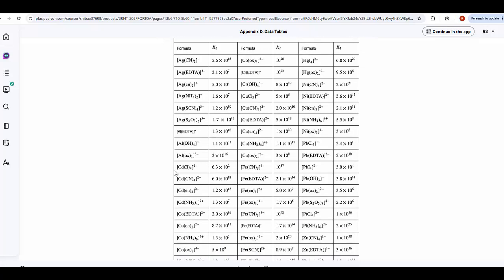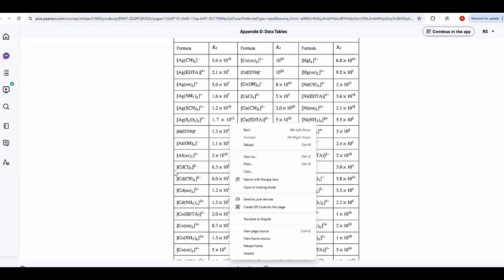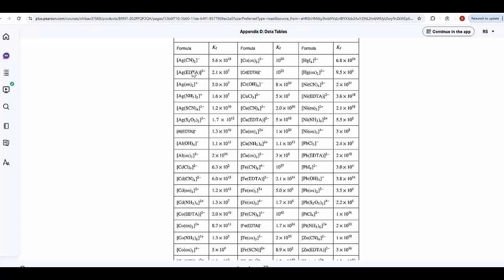And so if we're looking at complexing silver ions, here, cyanide is 10 to the 18th, EDTA is 10 to the 7th, ethylenediamine was in the choices, ammonia 10 to the 7th, thiocyanate 10 to the 10th, thiosulfate 10 to the 13th. And so it looks like cyanide is going to be the best at removing silver ions.